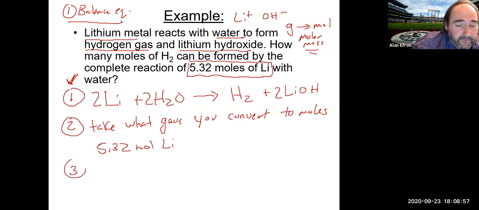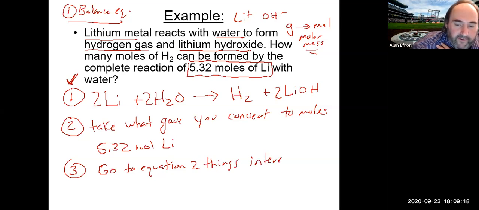The third step really is the stoichiometry part. It is the mole-to-mole relationship that you need to find. This is where you go to the equation, and you want to find the two things you're interested in.